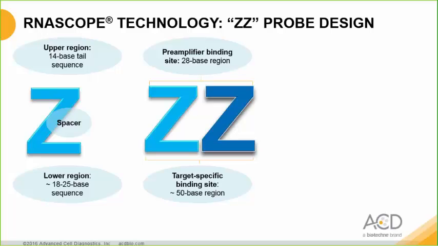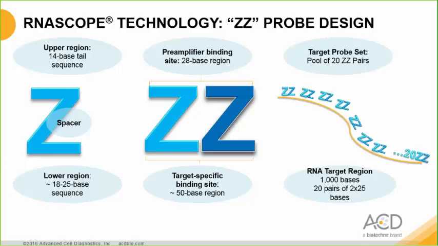This probe design strategy is similar to fluorescence resonance energy transfer, or FRET, as two independent Z probes have to hybridize to the target sequence in tandem in order for signal amplification to occur. For each target RNA, a pool of about 20 double Z target probe pairs spanning about 1,000 bases are designed to specifically hybridize to the target molecule, but not to non-targeted molecules.